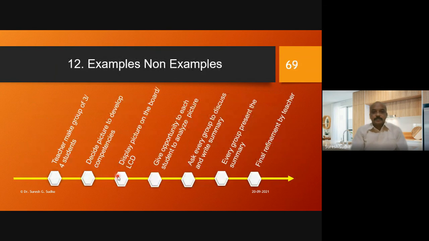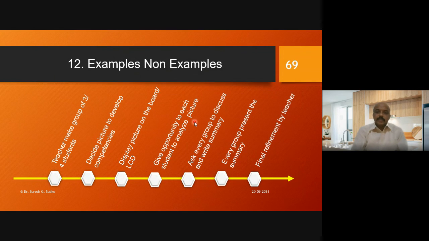And the last example of cooperative learning is example and non-example. So here, the teacher makes a group of 3 or 4 students. They decide on a picture to develop the competencies in the students. The teacher displays the picture either on the board or LCD.